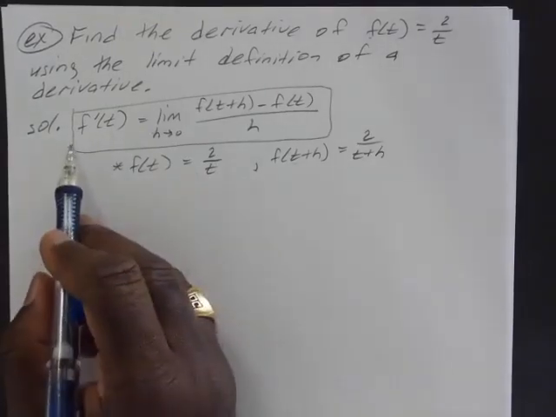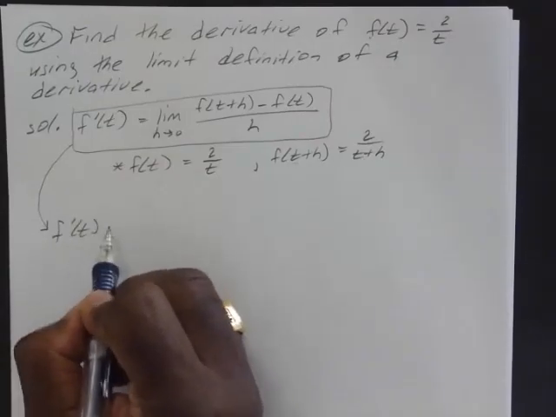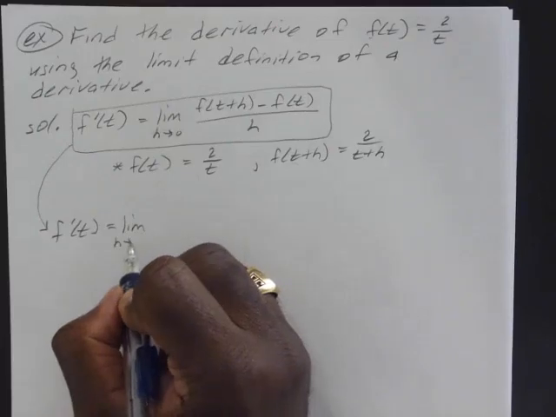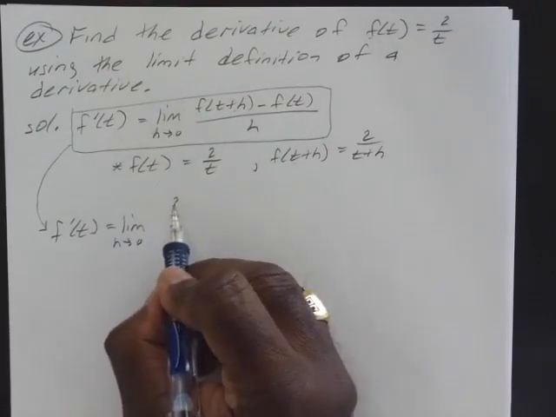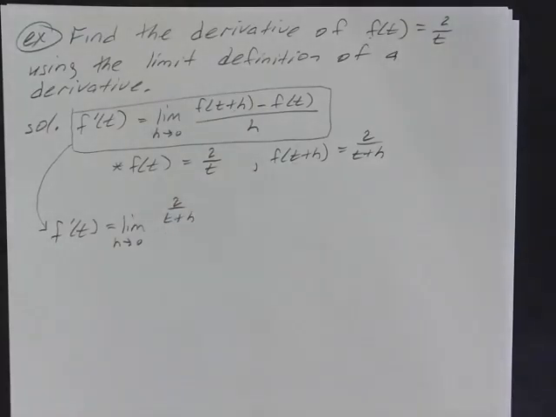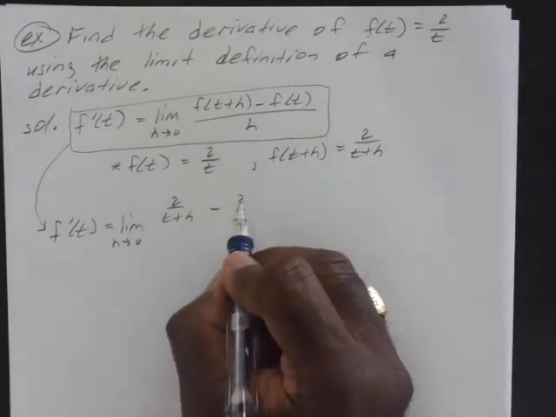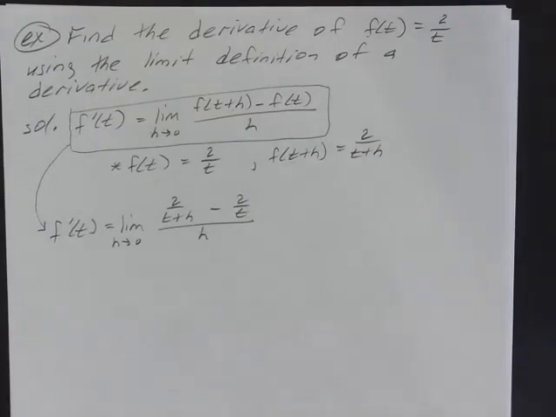So if we plug this in, then our f prime of t is equal to the limit as h approaches 0 of f of t plus h, so that's 2 over t plus h, minus f of t, that's minus 2 over t, all over h.